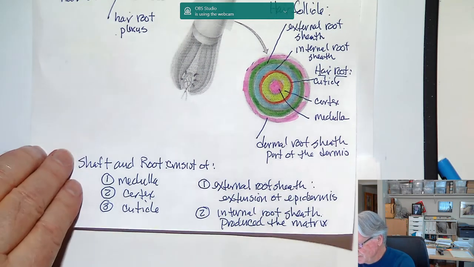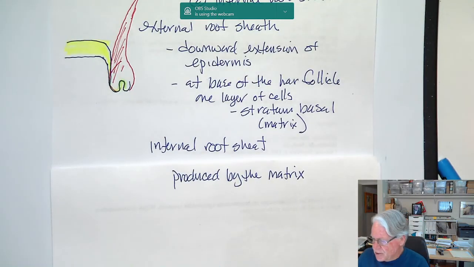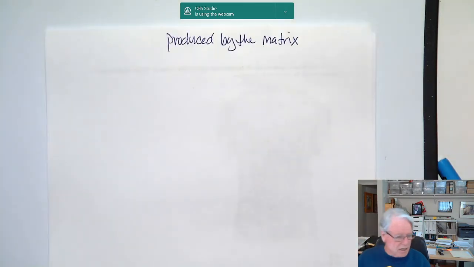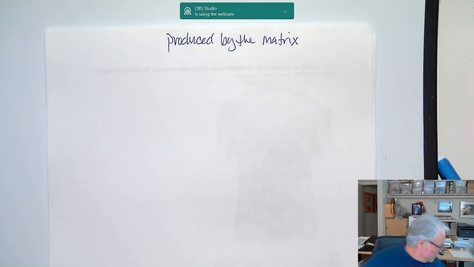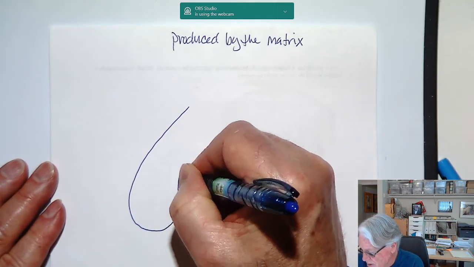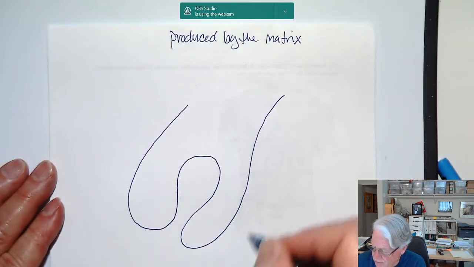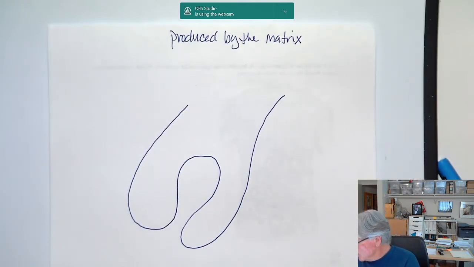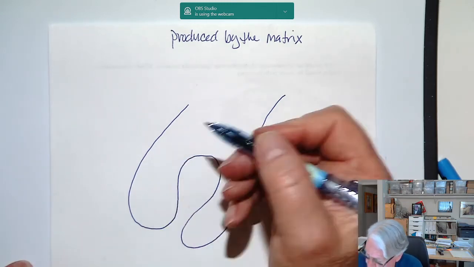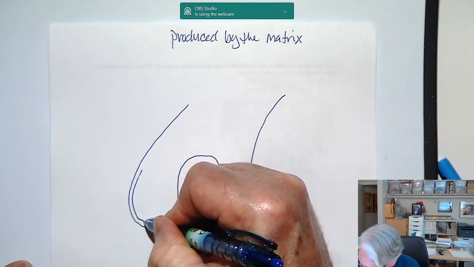All right, so let's do a close-up of that base area. And so what we're going to do is this kind of thing here. Okay. All right. And at this point, we have the single layer of cells.